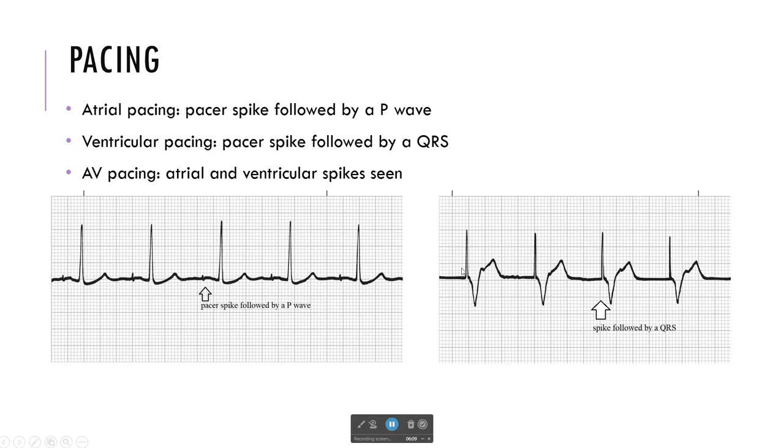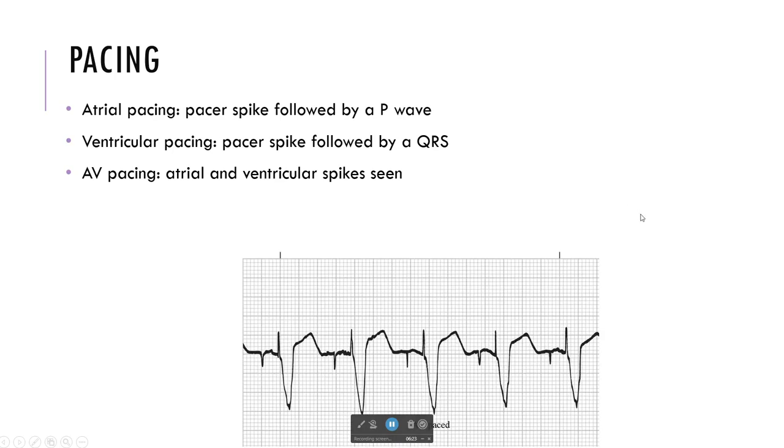This is ventricular, so X number of milliseconds go by before I have a QRS. The patient has their QRS, or if they don't, then I get a spike for the QRS. That's V pace. Now, AV pace is spiking before the P wave and the QRS. So it spikes for the SA node, and then that impulse doesn't transmit any further down, and it spikes again for the QRS. So that's AV paced.